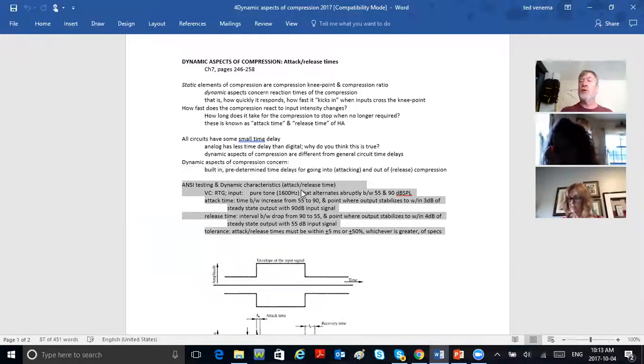And we've gone over, I know we have, there's 5 tests in ANSI that we need to know about, right? OSPL90, output sound pressure level with 90 dB coming in. The second one was full-on gain, FOG.